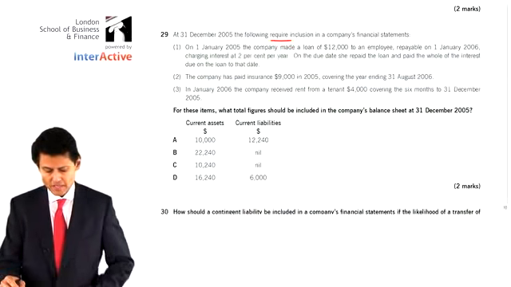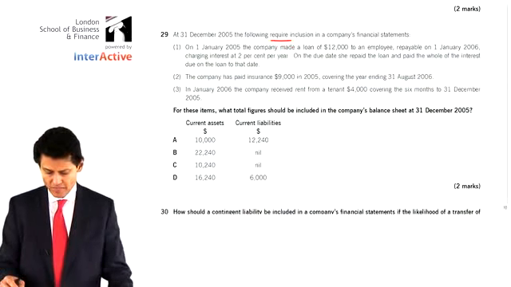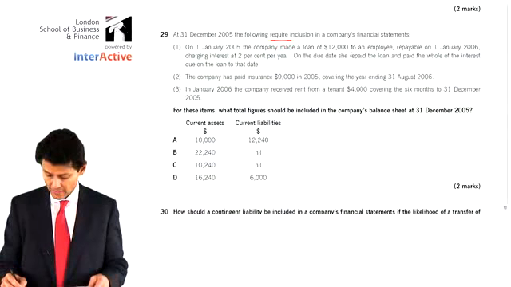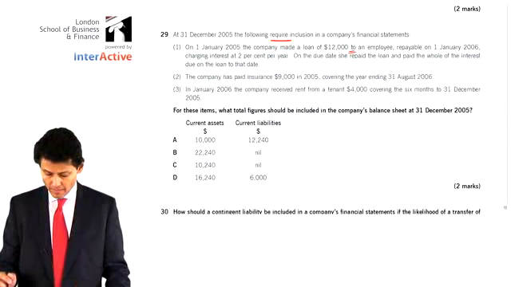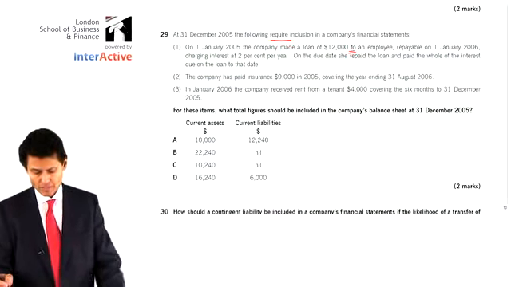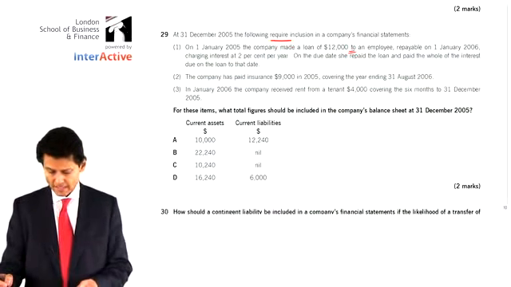On the 1st of January 2005, the company made a loan of $12,000 to an employee. So underline to an employee, I see. Repayable on the 1st of January 2006, charging interest of 2% per annum. On the due date, the employee repaid the loan and paid the whole of the interest due on the loan to that date.